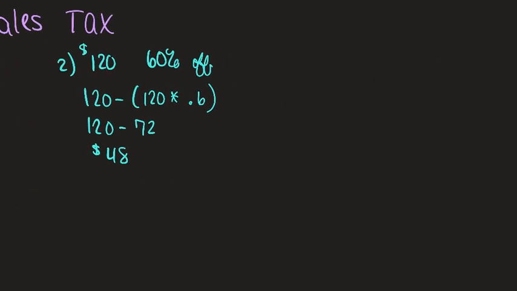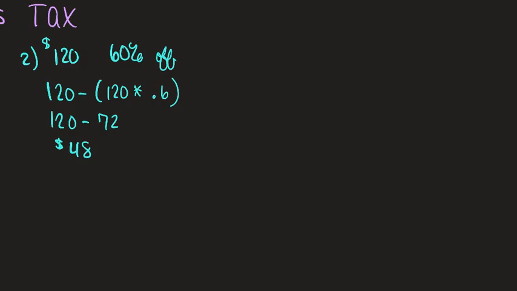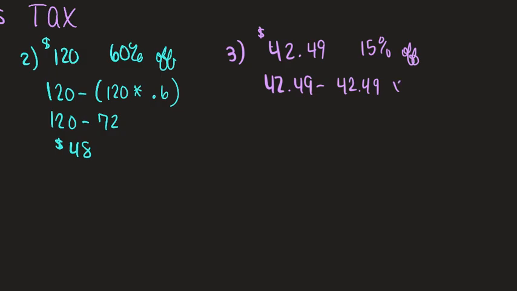All right, question 3. Question 3 is going to be $42.49, and it's going to be 15% off. $42.49 minus $42.49 times 0.15. $42.49 minus $6.37.